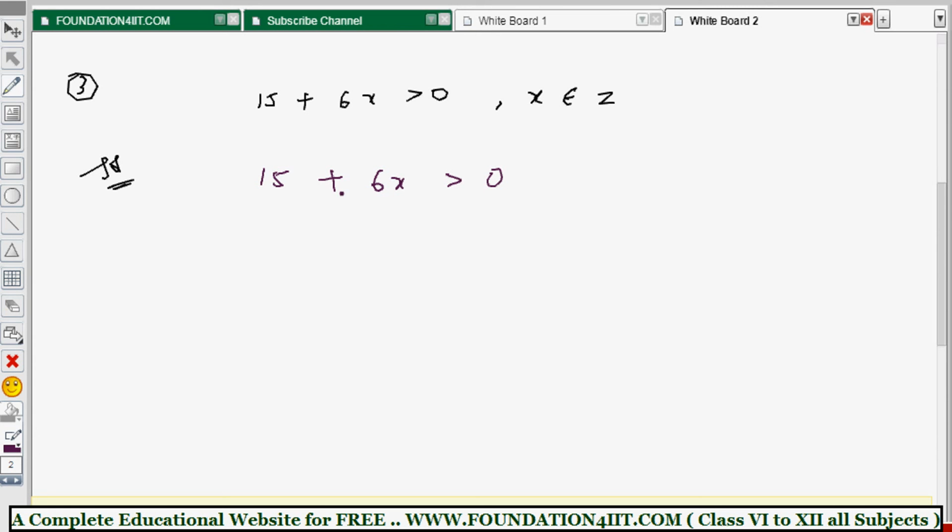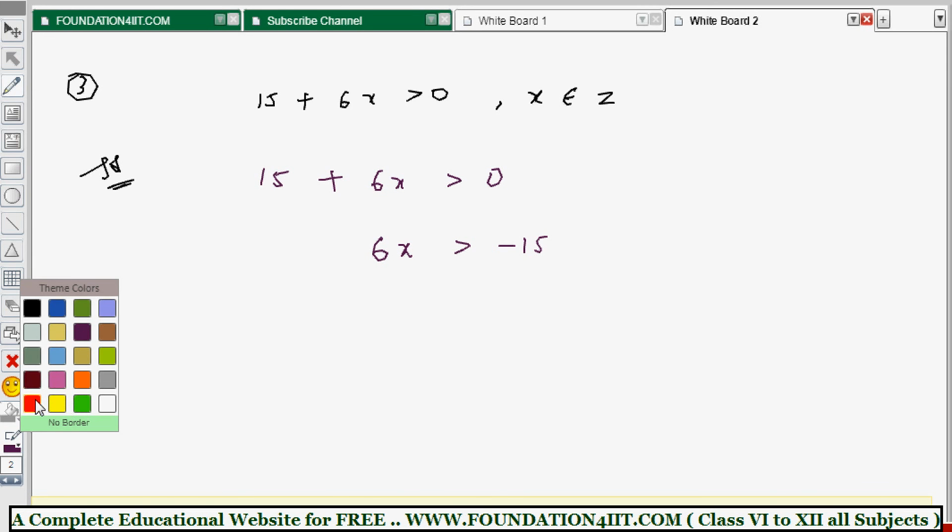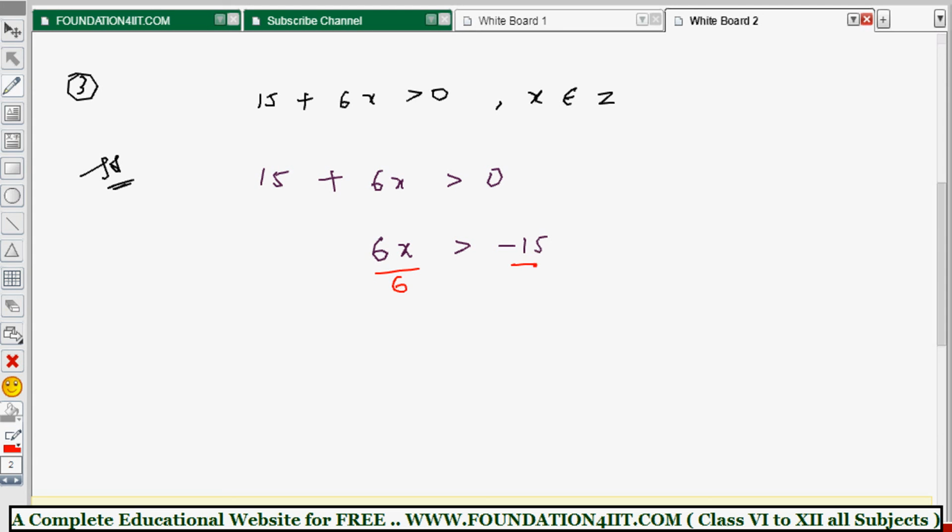It's a plus 15, so add negative 15 on both sides. That means 6x is greater than minus 15, with the same symbol. Divide by the positive number 6 on both sides, because it is 6 into x. Dividing by a positive number, the 6s cancel. So x is greater than minus 15 by 6.